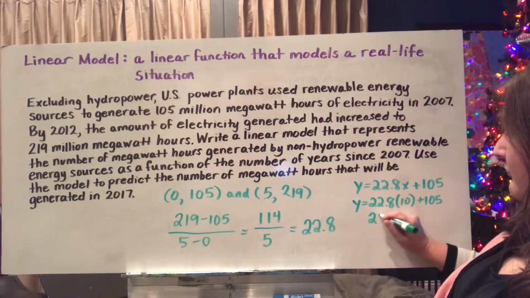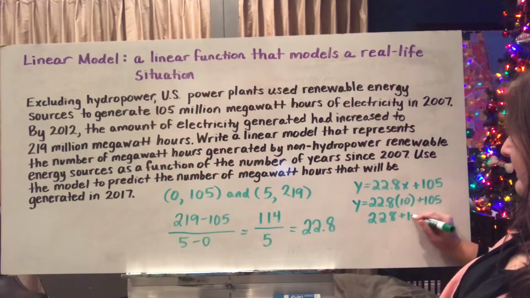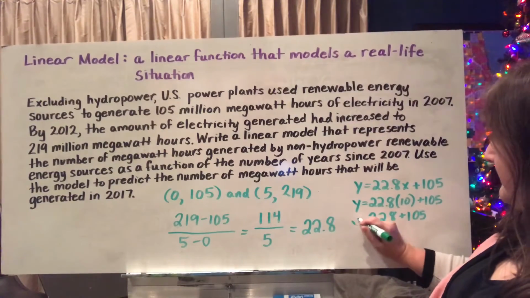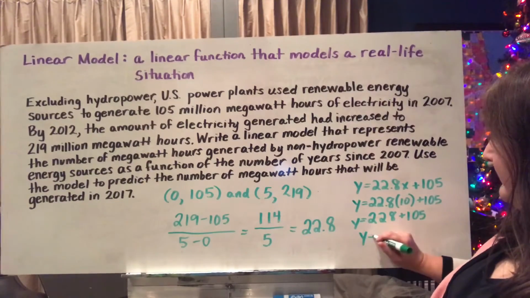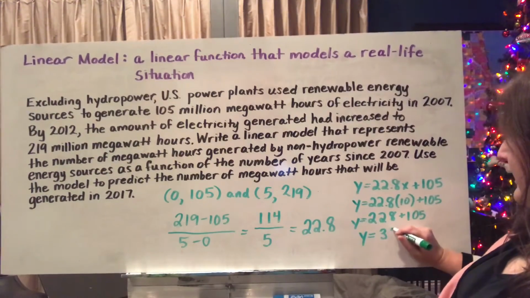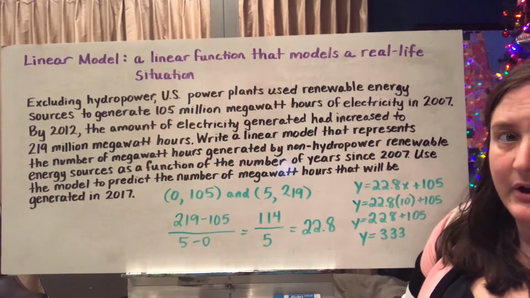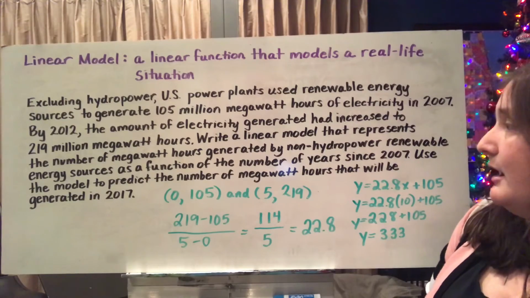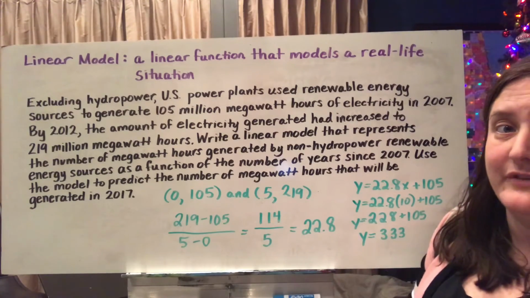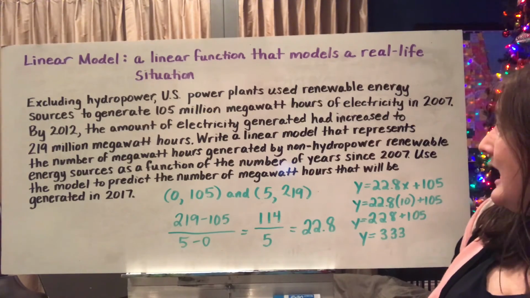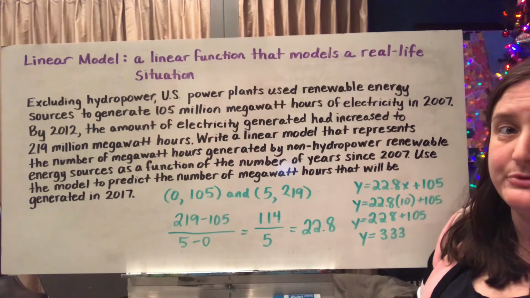So that's going to give me 228 plus 105, which is going to give me 333 million megawatt hours of energy generated by non-hydropower renewable energy resources.